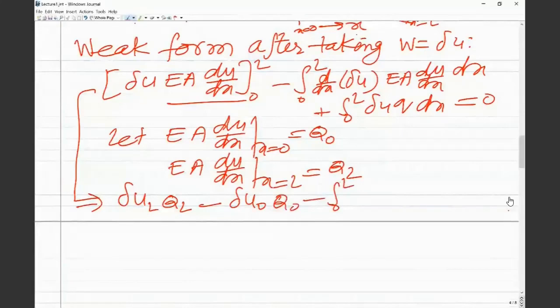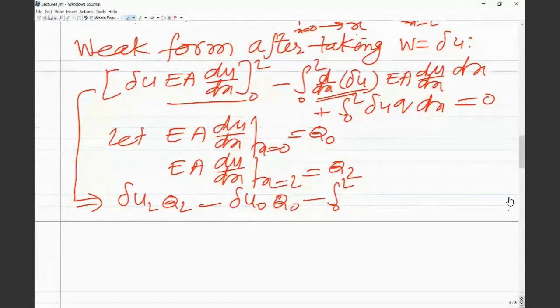Now if you look at this particular term, there are two operators: the differential operator d by dx and the variational operator delta. These two are interchangeable. Either you first take the variation of u and then differentiate it with respect to x, or first you differentiate u with respect to x and then take the variation.